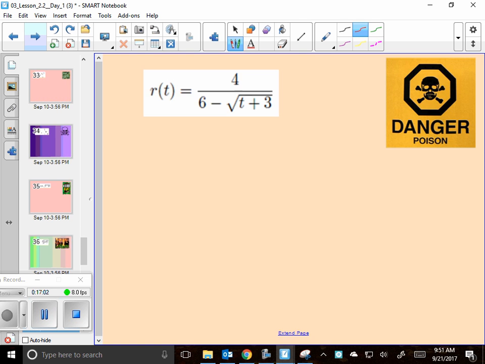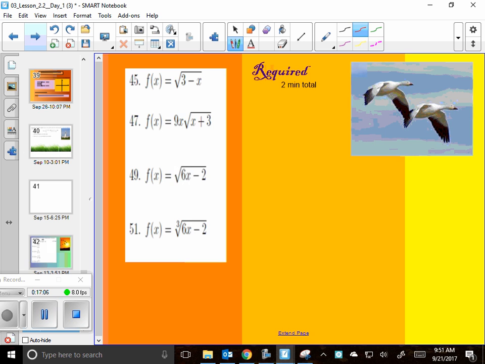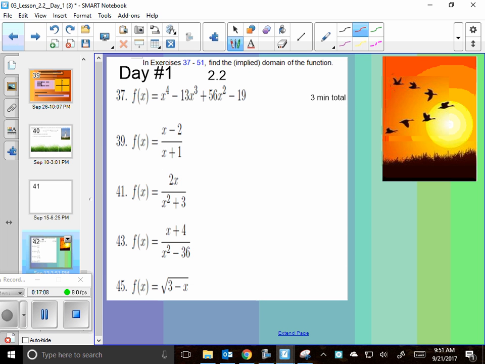Okay, I think I need to do domain today. Oh, I remember. This is the one where the assignment doesn't actually start until like page 39. My bad. The other one, I'm just going to assign one of those two. Just do the first one of those. I know that's weirdly separated from everything else, but it is something that we test you on. Okay, so do the first one.